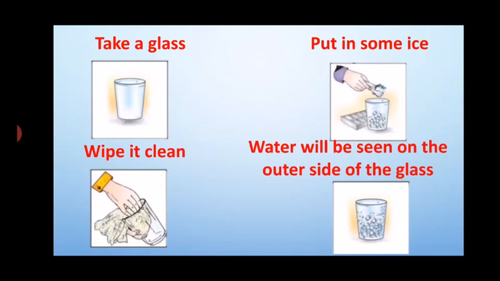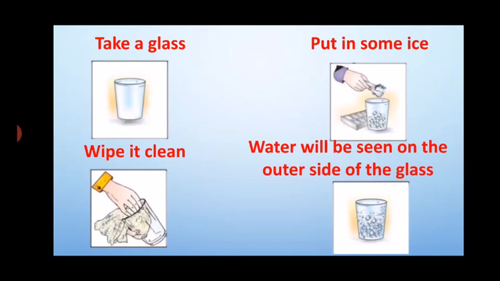So where did these drops of water come from? There was no water outside, isn't it? We wiped the glass clean, we wiped it dry. So where did these drops of water on the outside of the glass come from? Isn't it a question you sometimes feel?